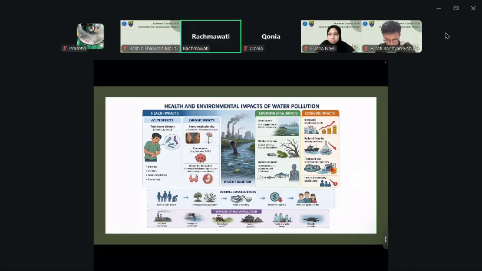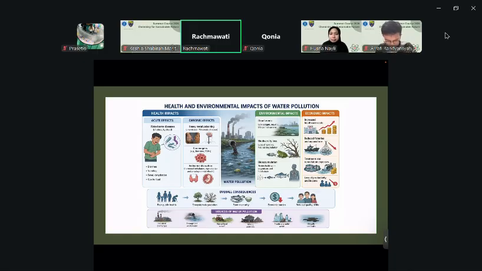For example, if the city has a budget for, I don't know, education, but say they have an immediate problem with water because people need to consume good water, then probably this budget is allocated for that. So it can affect other human activities when we have a problem with water.